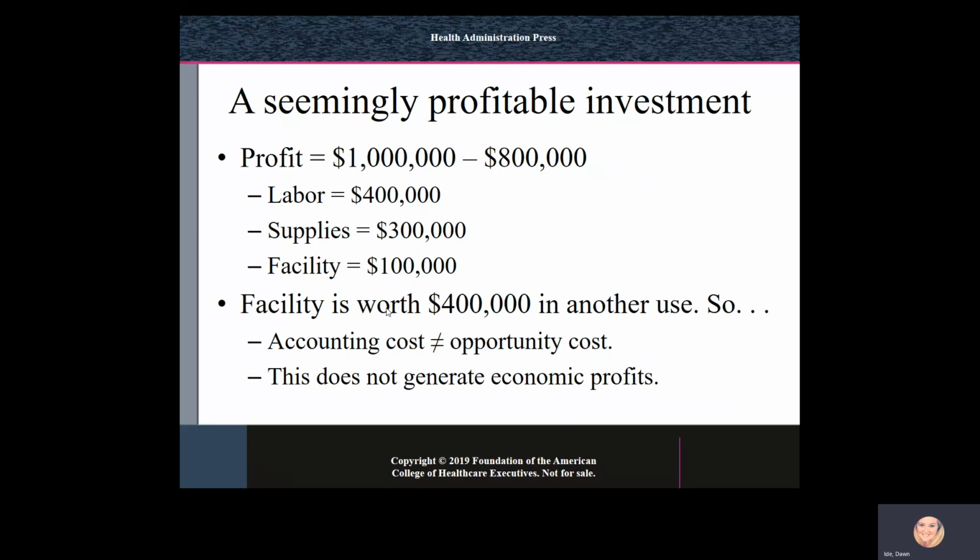Okay, so when we're looking at profits, when we are looking at opportunity costs, and again, an opportunity cost, in case we forgot, just basically means that there was an additional cost, and it could have been a financial cost, it could have been a time cost, there's some other cost that was introduced there.